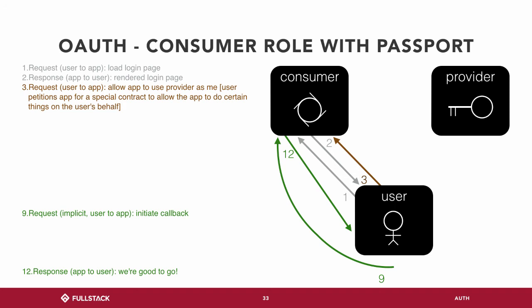We're going to have to provide some endpoints so that when there is a callback that comes back to us, we end up catching that callback. But all those other steps, all that handshaking with the provider, are going to be done by Passport, and a lot of this code is pretty complex, so it's good that we don't have to do it.